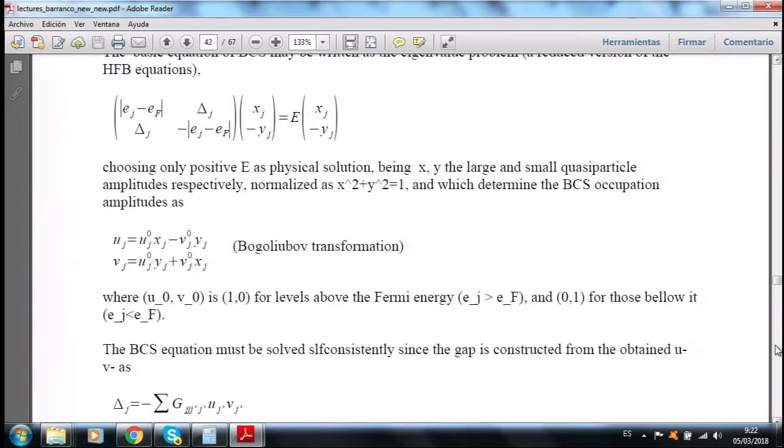Okay, so in this pairing gap, a very important ingredient is the so-called pairing matrix element, the interaction that makes particles couple in the superfluid phase. They couple through the pairing interaction, giving rise to what is called Cooper pairs. So if you have two neutrons that belong to the superfluid phase, they interact through the pairing interaction.